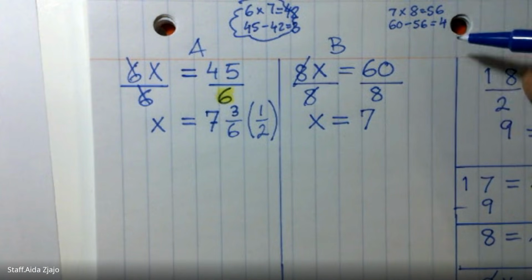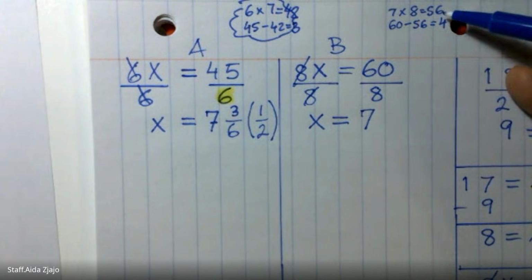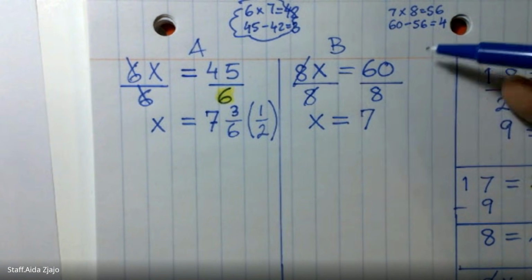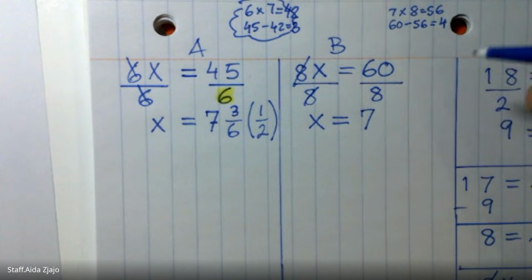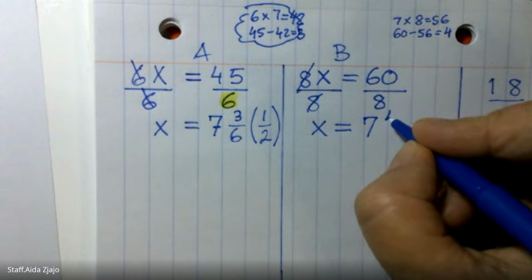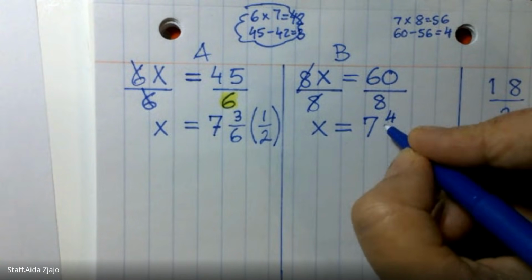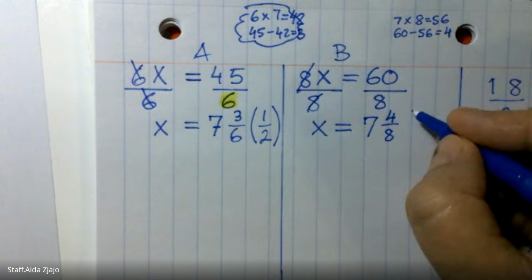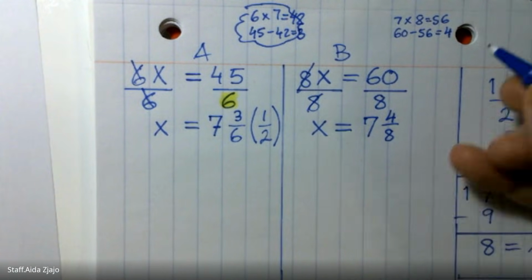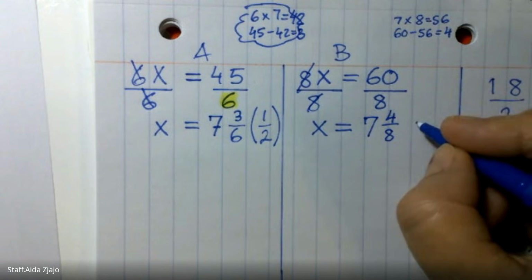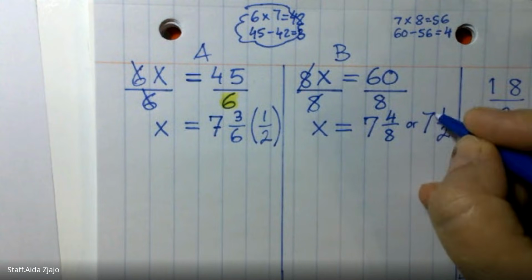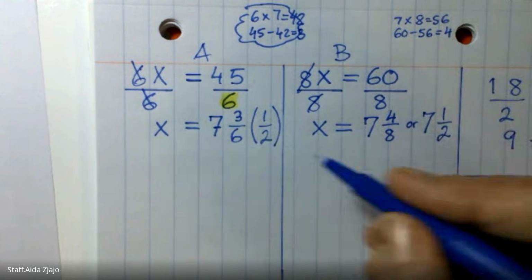So thinking of this, 56 eighths will make 7 wholes, and 4 eighths will be left over. So it will be 7 wholes and 4 eighths. 4 is half of 8, so that's also 7 and 1/2, which is the same as this.